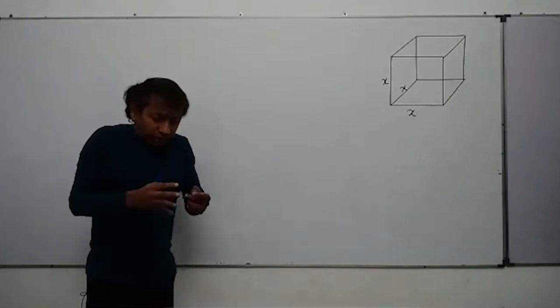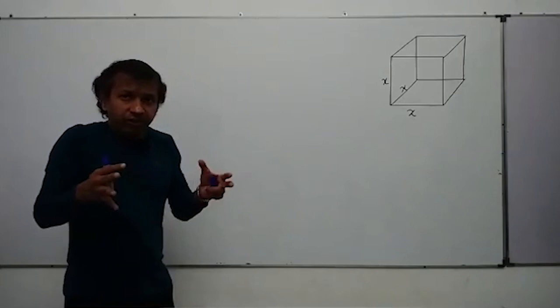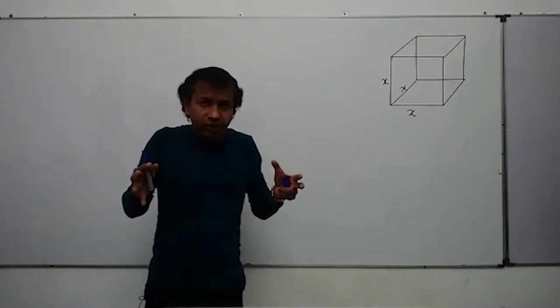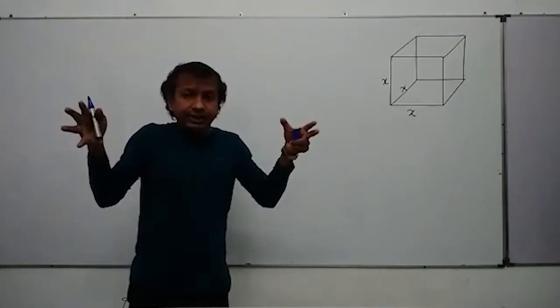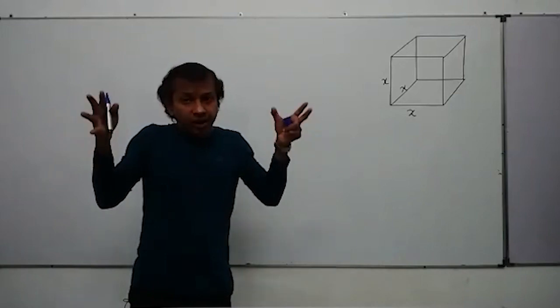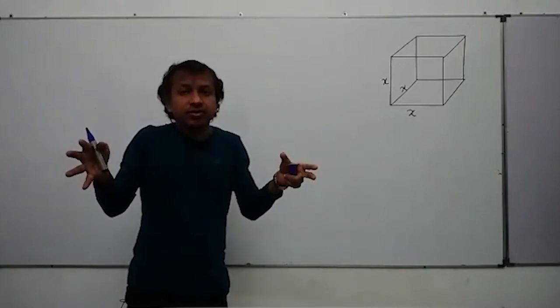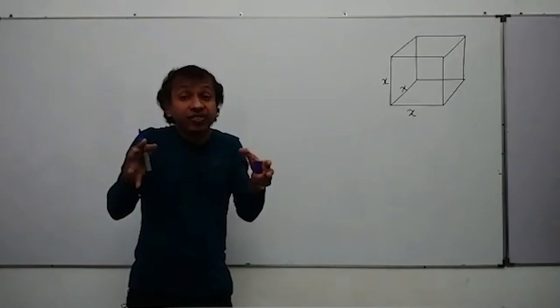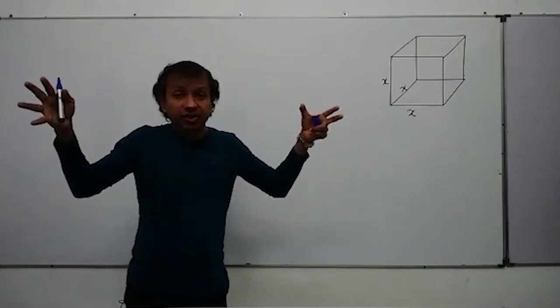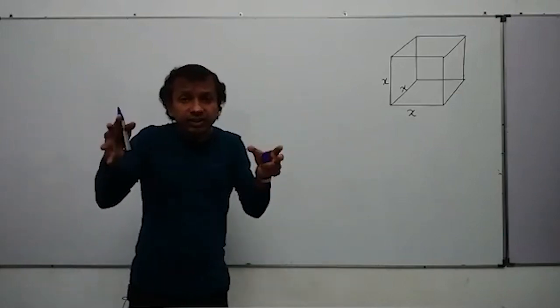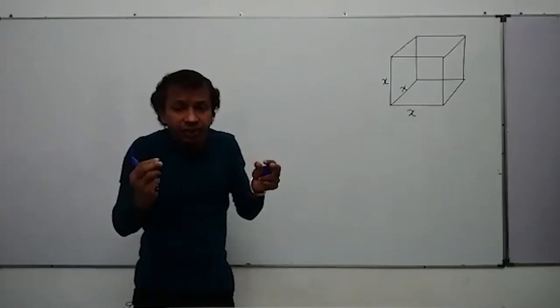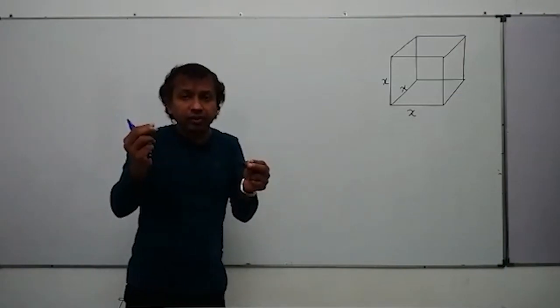Then, while the volume increases like this, on one occasion the volume of the expanding cube reaches 8 cubic centimeters. Even at that instant, the surface area is increasing. At that instant, there is a particular rate of increase of the surface area.